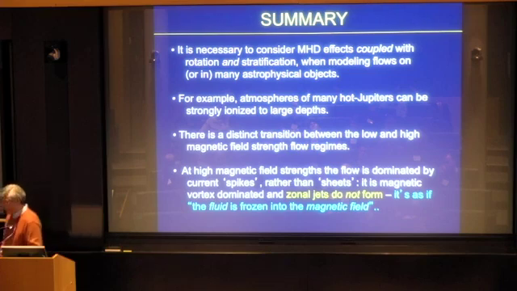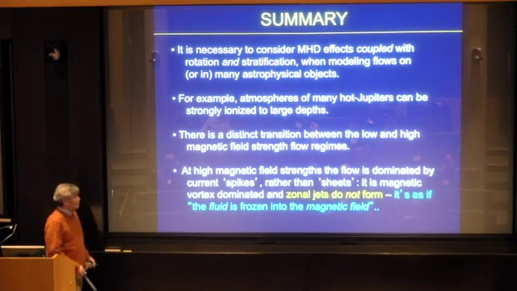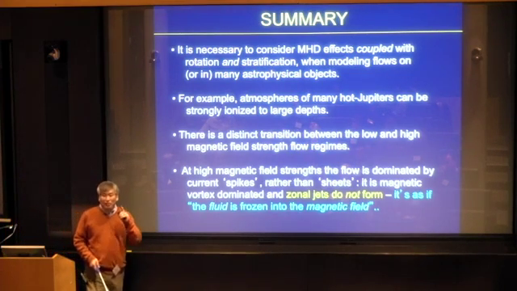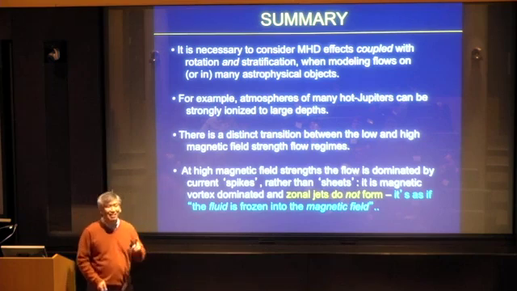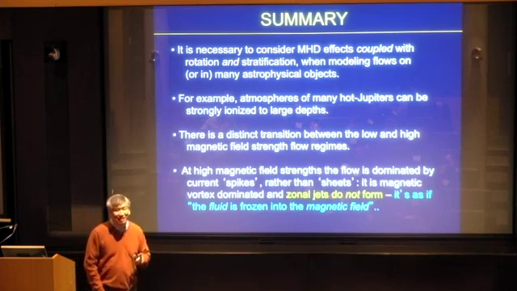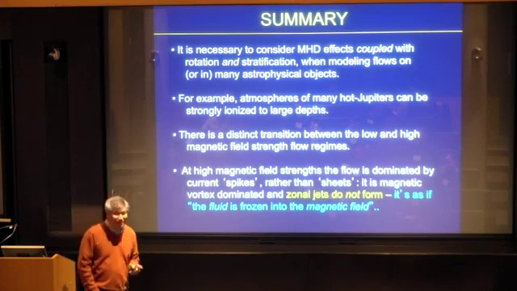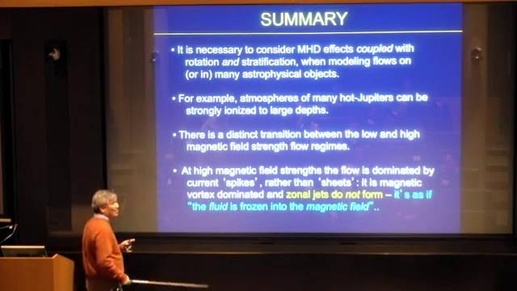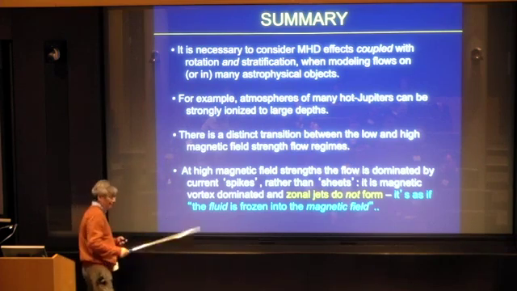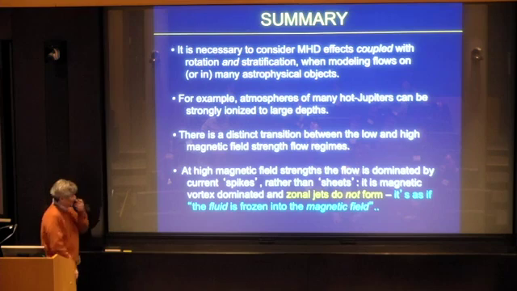As I pointed out in the introduction, flow in rotating and spherical geometry, which is stratified with a magnetic field, has quite a lot of physics in it. It's a very complex flow.